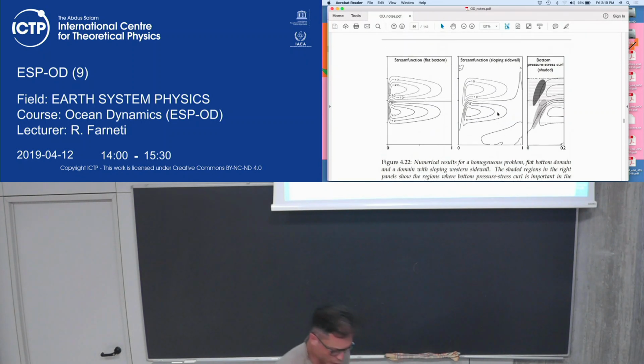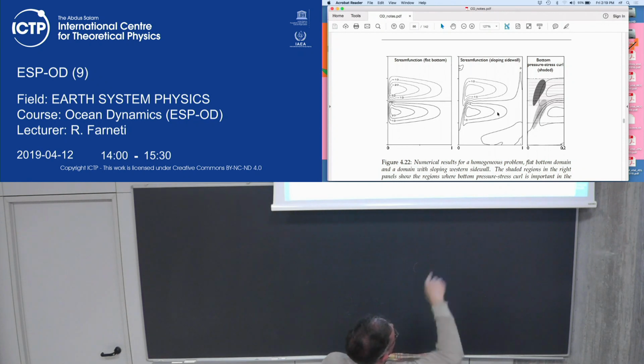Okay, so if you do a numerical experiment of this and you try to quantify the importance of each term, the wind stress curl at the surface, the friction at the bottom or at the side, and the J-bar term, the bottom pressure stress curl, then you see that in a simple case where you have sloping boundaries on the west, which is close to reality, the only place where that term is important is close to the western boundary.